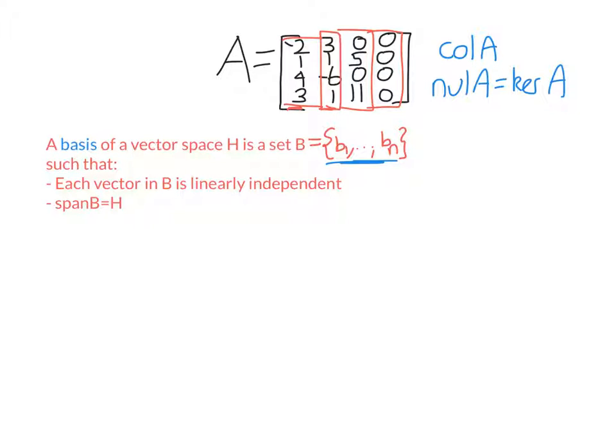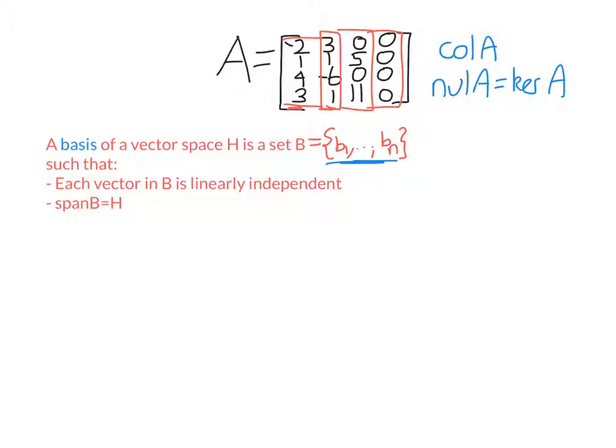So we can form a basis for the column space of A and the null space of A, because these are both subspaces. So to find a basis for the column space of A, we're going to assume that the matrix is not invertible, because if the matrix is invertible, the columns of A are already linearly independent, and therefore they are the basis of the column space of A. So it turns out that in the matrix above, A is not invertible.